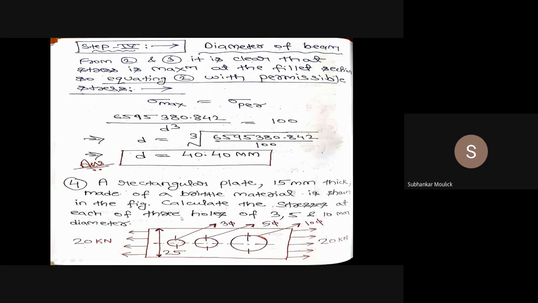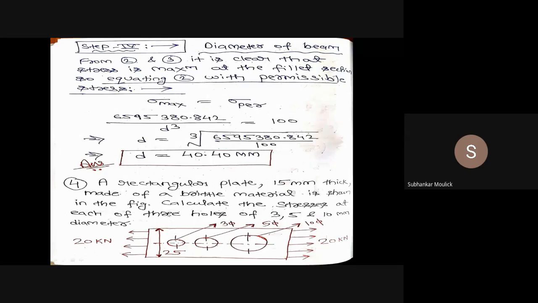In this plate, 3 holes are drilled of diameters 3, the second hole is of diameter 5 and the third hole is of diameter 10. That means, since there is a change in the cross-sectional area of the plate due to drilling of the hole, there exists stress concentration.